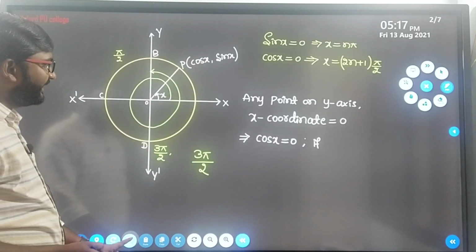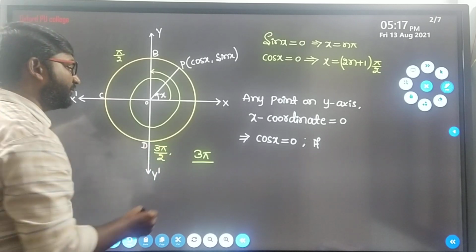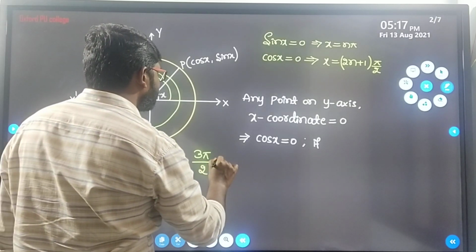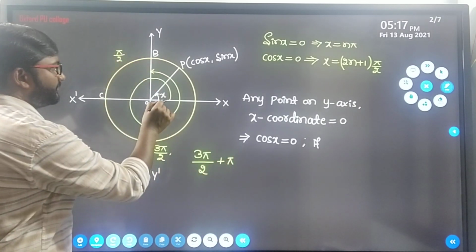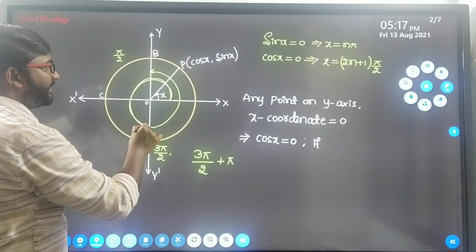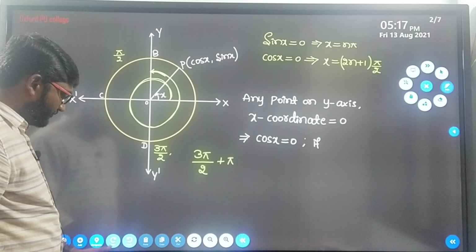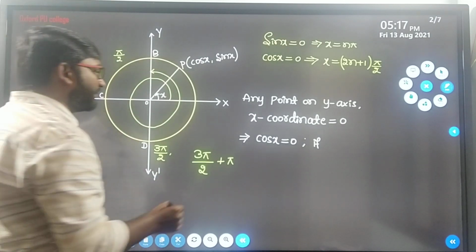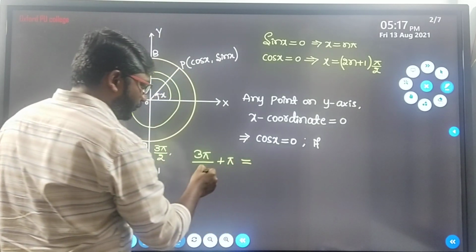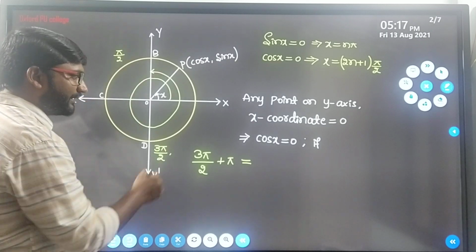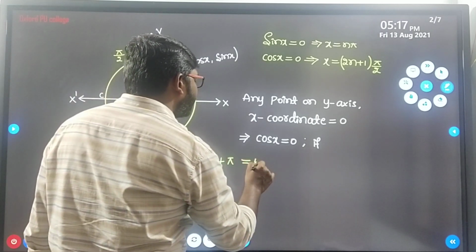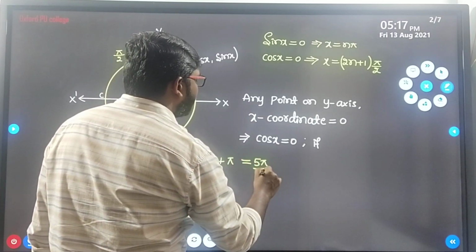So add pi to 3 pi by 2. From here to here it is 3 pi by 2, and this angle is pi. So 3 pi by 2 plus pi. Take up the LCM. 2 will be multiplied with pi, we get 2 pi. 3 pi plus 2 pi will be 5 pi. So 5 pi by 2.